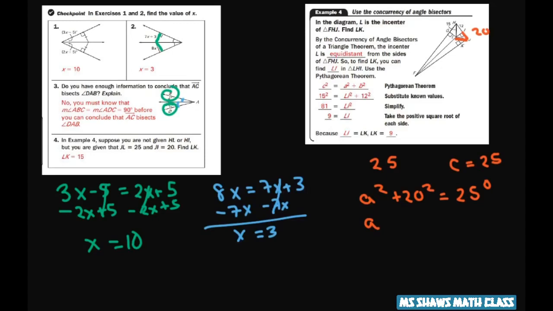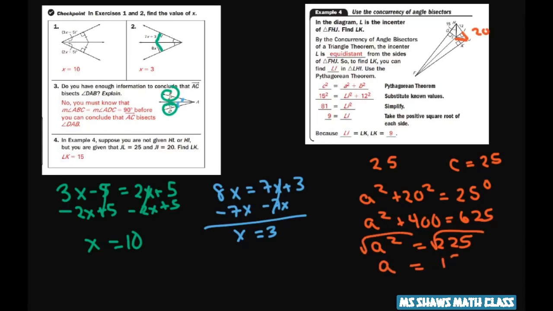So that's going to be a squared plus 400 equals 625. Subtract 400 from both sides, and you get 225. And you square root both sides, and we want to take the positive square root. So when you take the square root of both sides, you get a is 15.